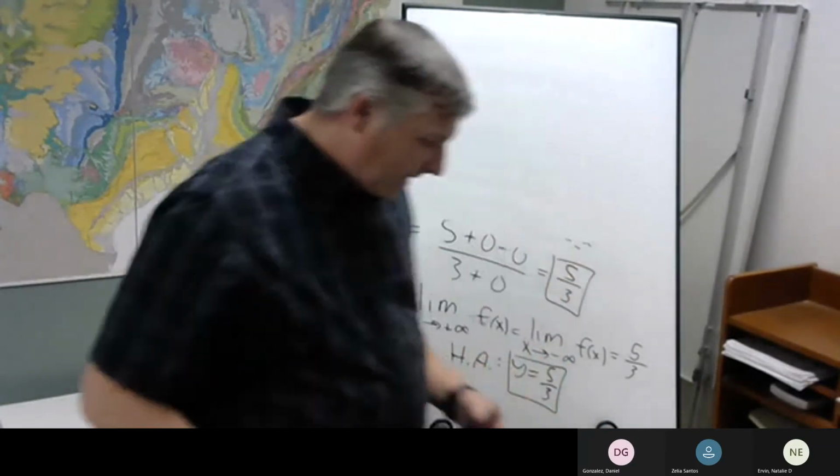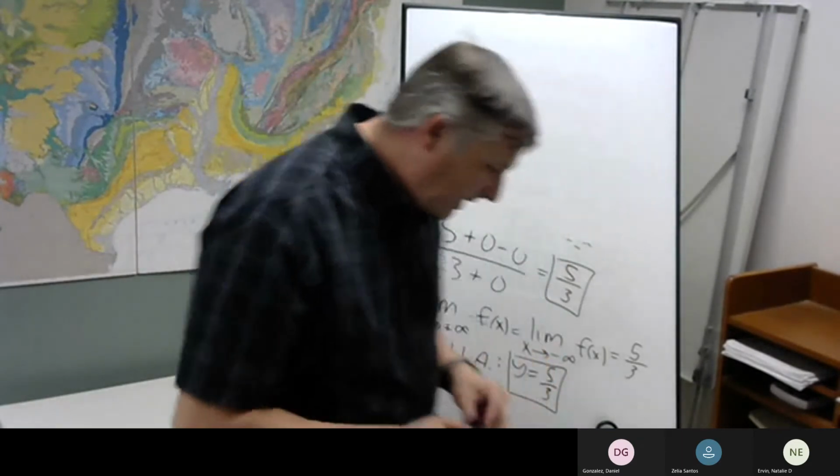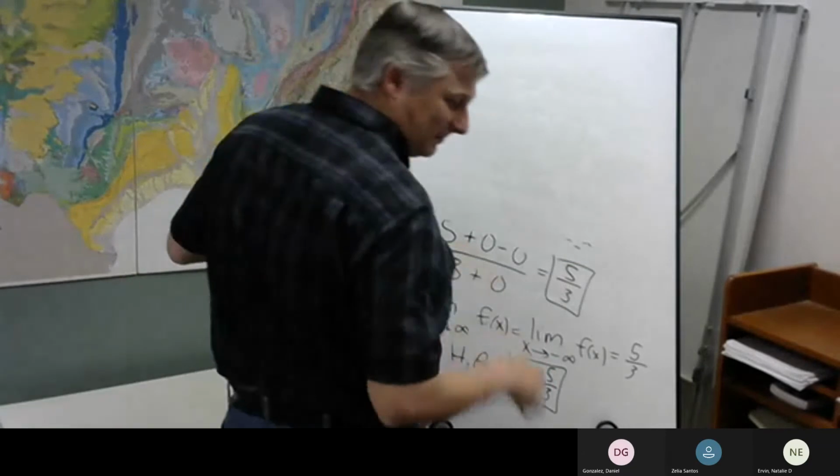So the next thing to look at are oblique asymptotes. Let's see, a little time here. So how does this work? Well, the way you can do it is this.